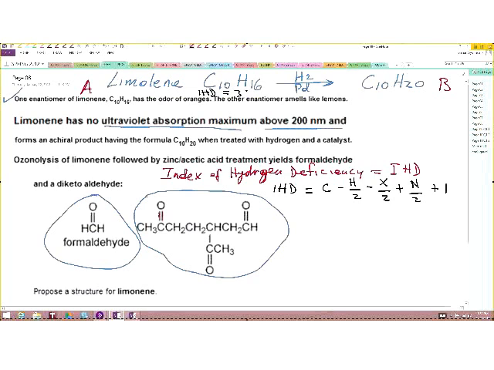Okay, now, they told us that limonene reacted with hydrogen to give compound B. What is the index of hydrogen deficiency of compound B? What is it? 1, exactly. IHD, if you work that out, equals 1. So what is this telling you about limonene? Limonene must have a ring.